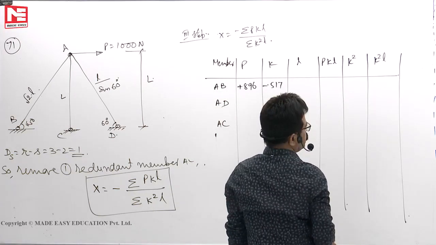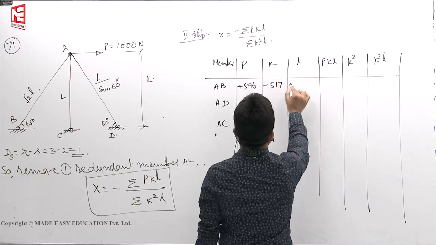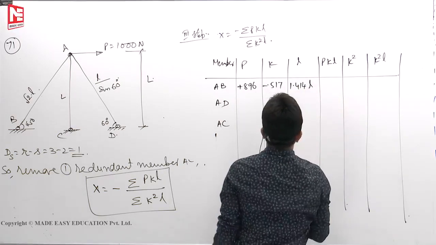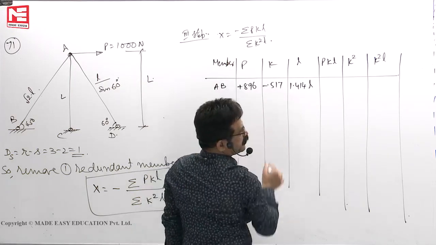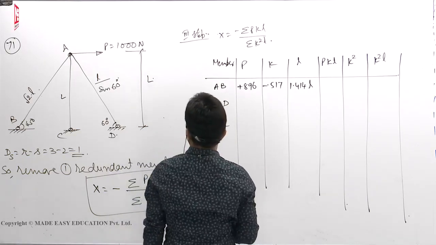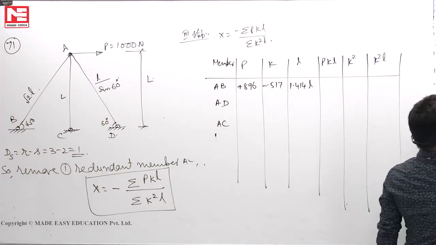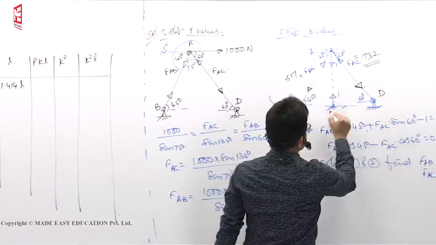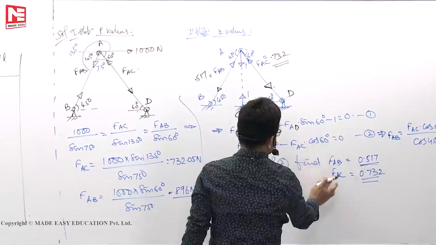The length of AB is root 2 L, that means 1.414 L. So we multiply this value. We will see that. Then AD member, we have removed. This is actually D member. This is C. So AD we will write it here. This is AD.